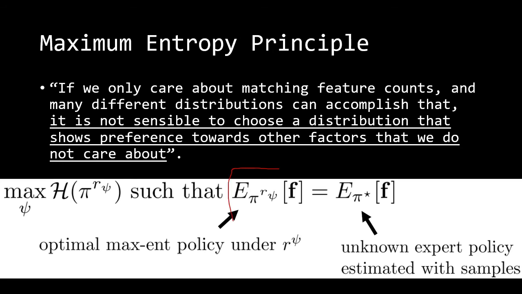We are still about matching the feature expectation. Again, for a weight W, we have a reward function, and for this reward function, we have an agent, pi. For that pi, we would like its expectation to match the expectation of the expert's pi. So that's our feature matching constraint.